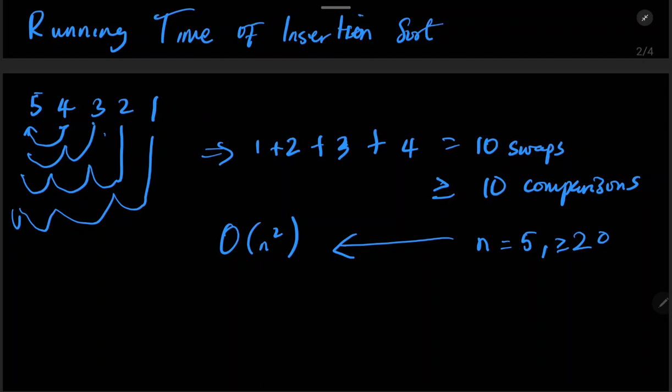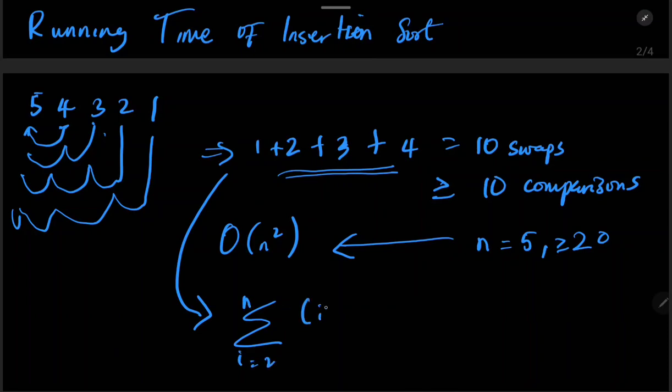Also, if you're familiar with triangular numbers, you'll notice that 1 plus 2 plus 3 plus 4 plus 5, 6, 7, just like that, they are like triangular numbers. So you could rewrite this series to this, where i minus 1 is equal to n.